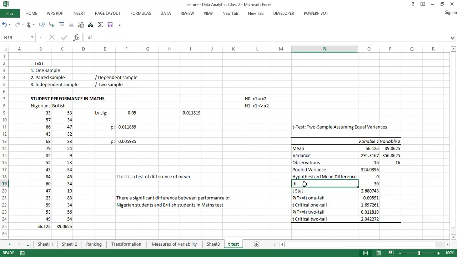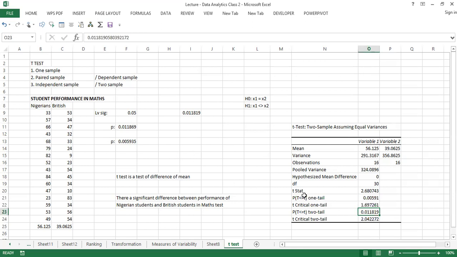Now you need to know, as we already have explained, that when your calculated p-value is less than the significance level, you reject the null hypothesis.